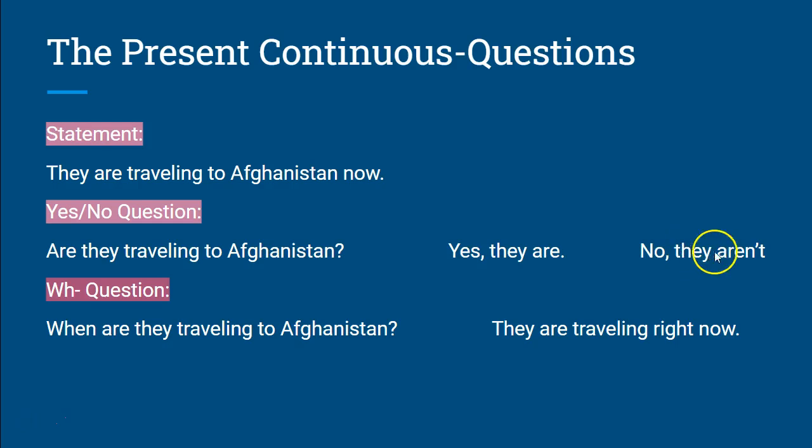Or no, they aren't. For a WH question, it's the same thing where we move the be verb in front of the subject. Here again, we see the be verb in front of the subject, and then we add that question word. When are they traveling to Afghanistan? They are traveling right now.